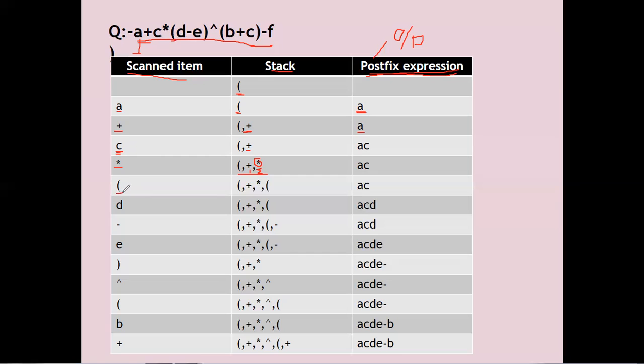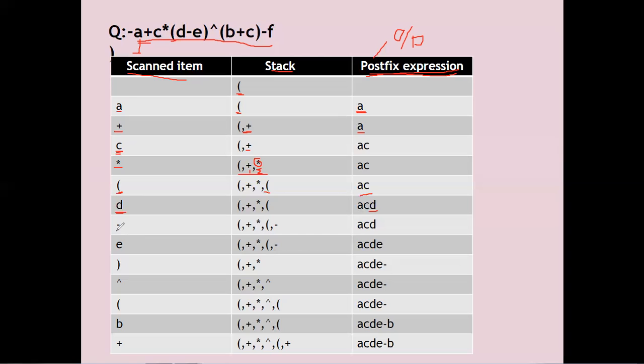Fine, now the next round bracket comes into the picture. The open parenthesis is pushed into the stack, and the output string stays as it is. Now the next element is d, our next operand. No doubt an operand is directly placed into the output string; we cannot put it into the stack, we put only operators there.